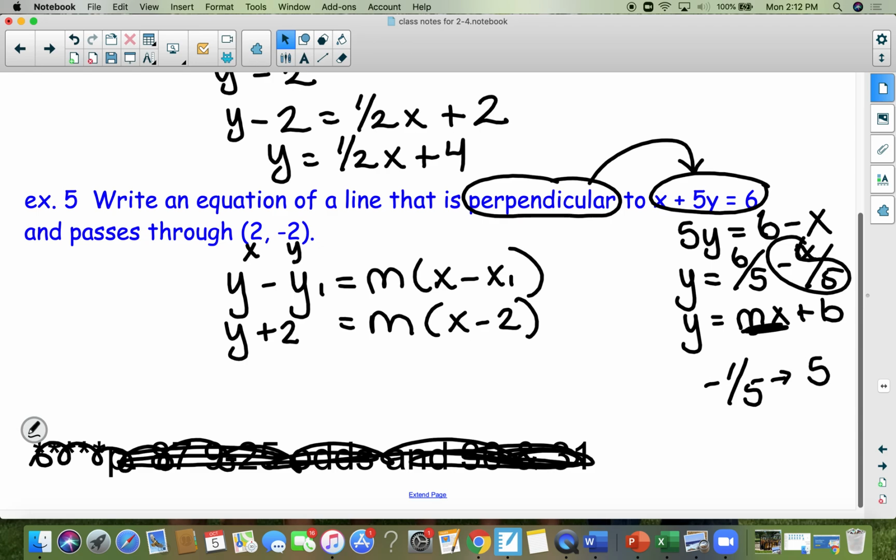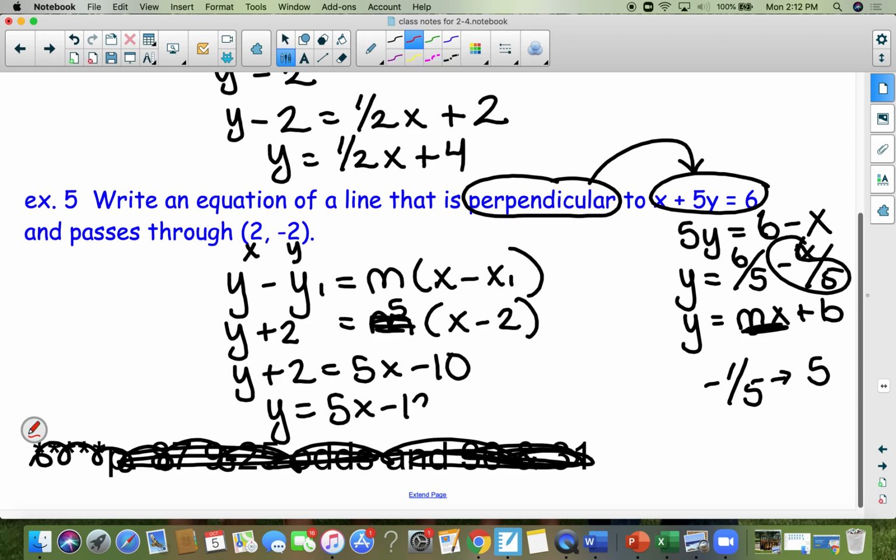To be perpendicular, it needs to be opposite and reciprocal, which means it needs to be a 5 right there. If it would have been parallel, it would have been the exact same number, negative 1/5. y plus 2 equals 5x minus 10. Famous distributive property, y equals 5x minus 12. And that's all the notes.